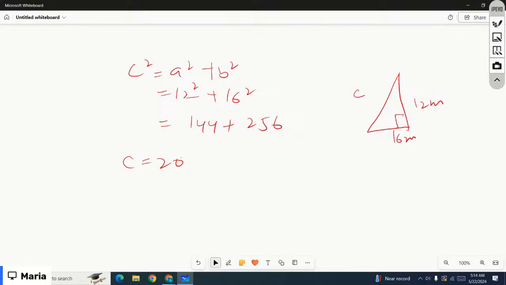Okay, now we are going to learn if we have the other side missing, right? How do we calculate?